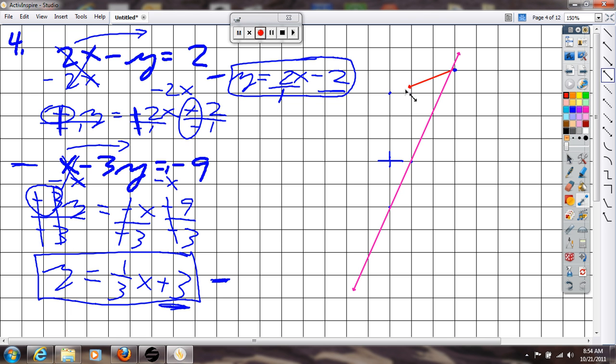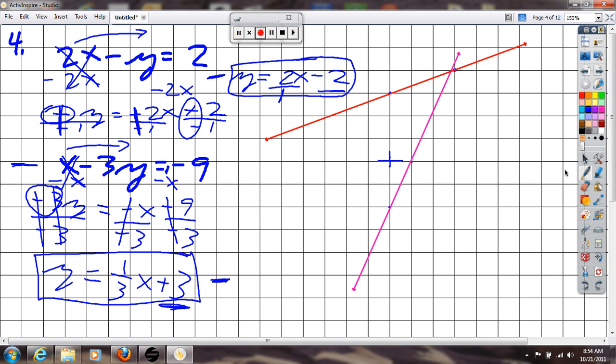It's going to go through this point. And we have a line there. Now we need to find our point, our answer. So I start at the origin here, and it looks like they meet at this point here. So how do I get there? Well, I'm going to go from here, 3 to the right.